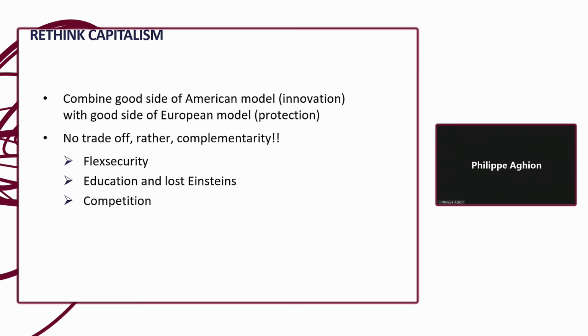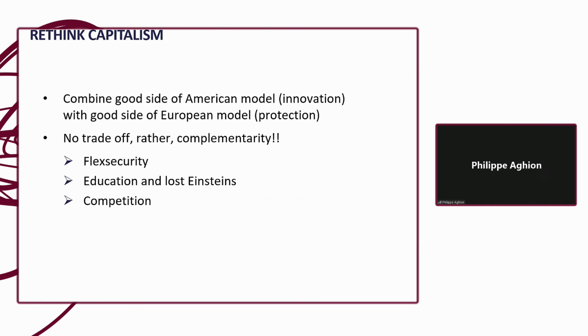So flexicurity spurred innovation in Denmark by making creative destruction work better and by giving flexibility to the firms. But at the same time, it was very good at protecting individuals, hence the absence of negative effect of becoming unemployed on health in Denmark. So flexicurity is an example that makes you both more innovative and more protective.